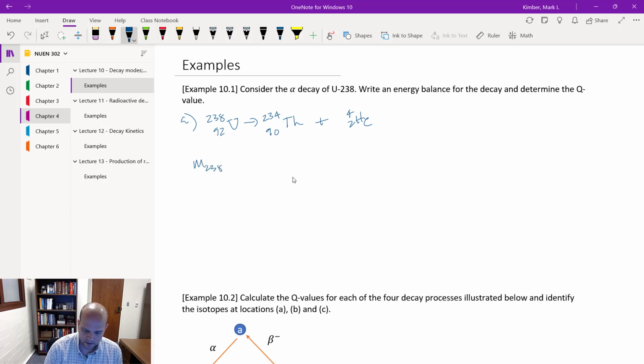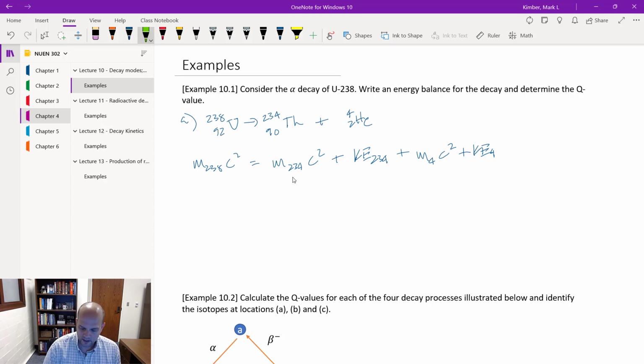And if I look at the mass balance, then I've got the mass of U-238 is the mass of thorium-234 plus the kinetic energy of thorium-234 plus the mass of helium-4 plus the kinetic energy of helium-4.